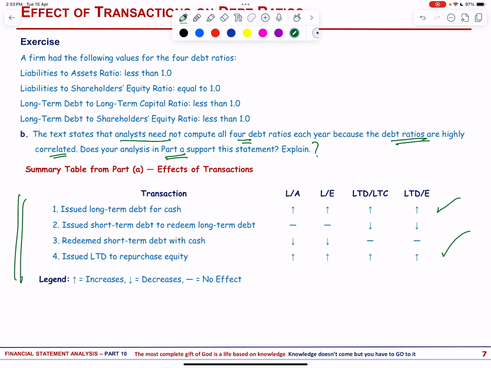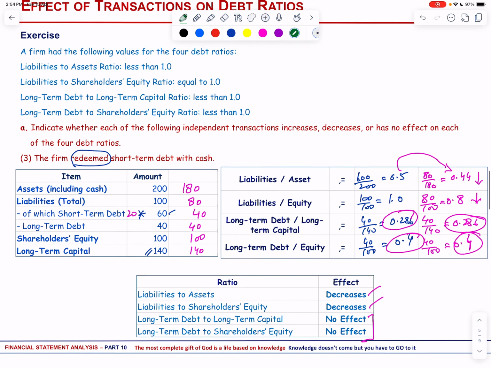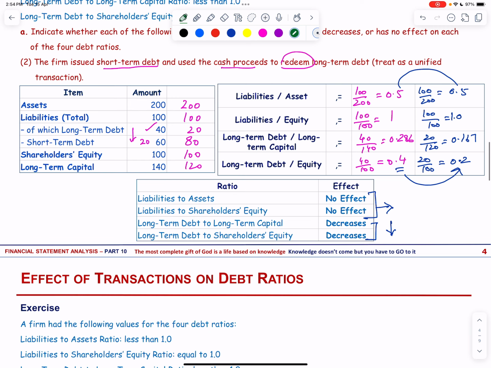So all four ratios, they are increasing together. If you look into transaction number 2, the ratio is split. You can see that the liability to assets and the liabilities to equity stay the same, they don't change, but the long term debt based ratio decreases, as you can see over here.